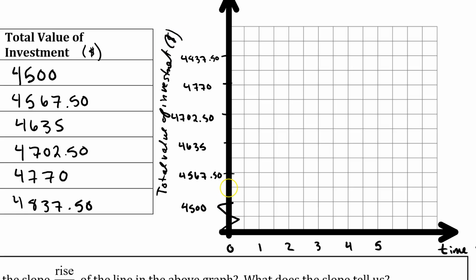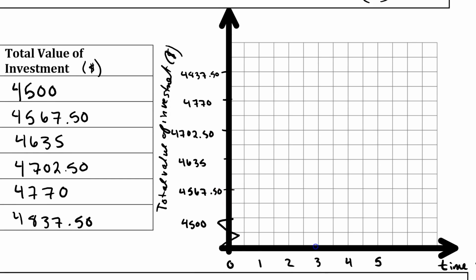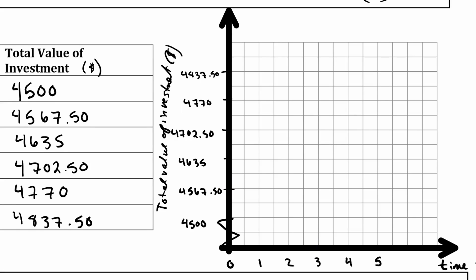Now I can use my data points because there's the same amount of distance between the first data point and the second as between the second and the third. There's 67.50 going on every single time. You won't be able to use values like this on every graph, but since it's a linear relationship, we can do that. So I'm just going to plot my points.